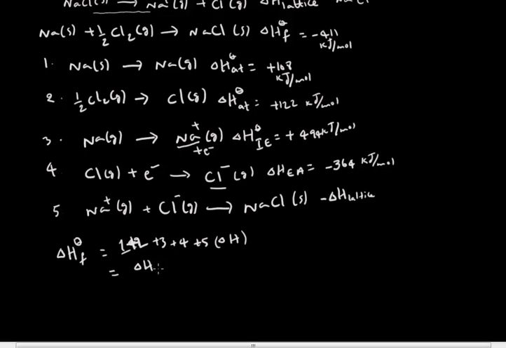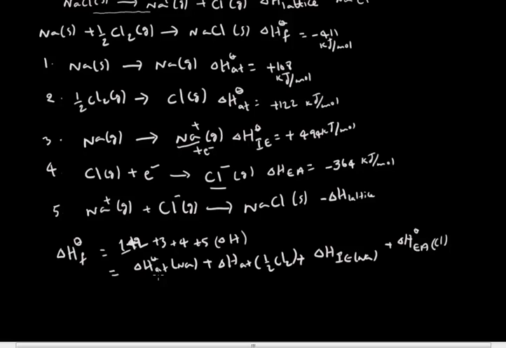In other words, this should be equal to delta H atomization of sodium, plus delta H atomization of half Cl2, plus delta H IE, that is the ionization energy of sodium, plus delta H theta of electron affinity of chlorine, plus from step 5 we have lattice enthalpy.